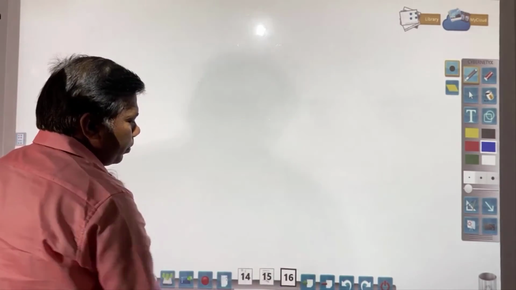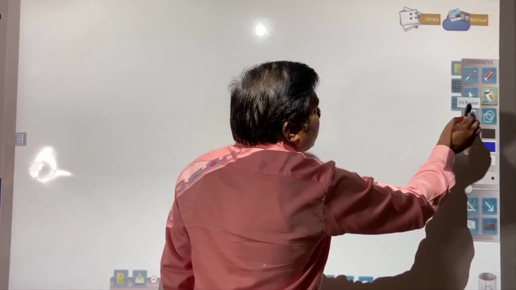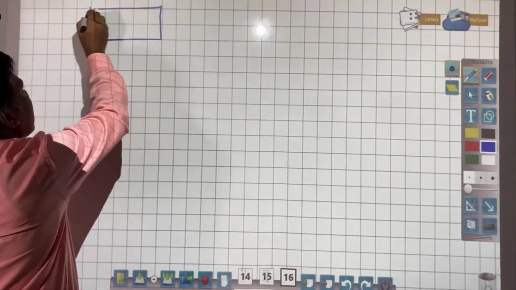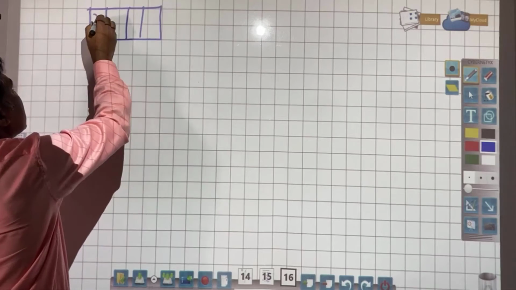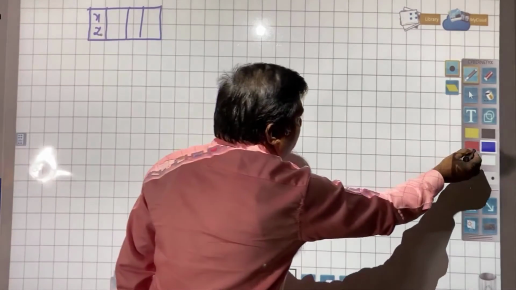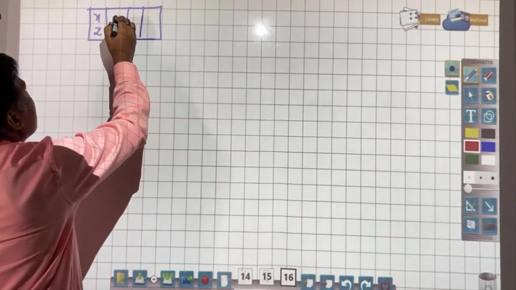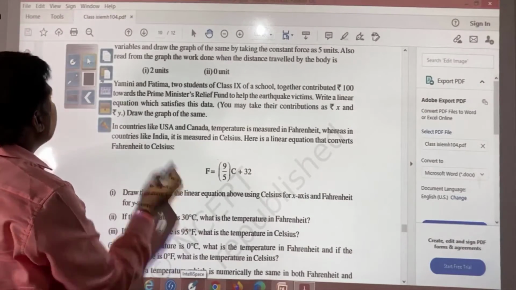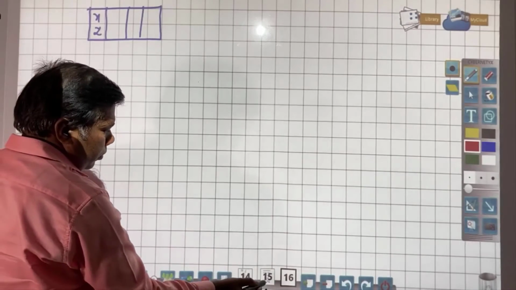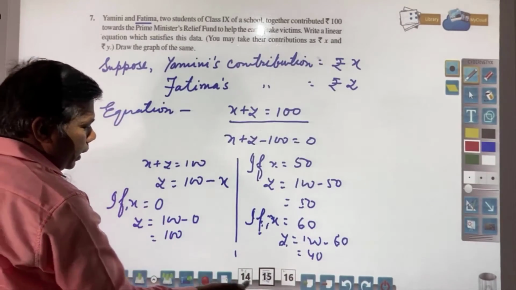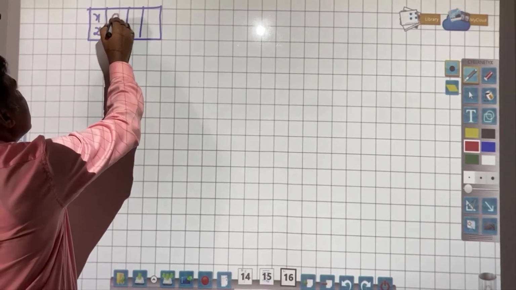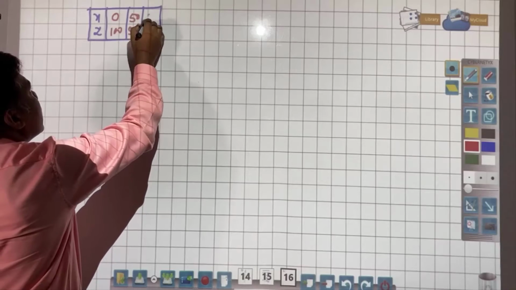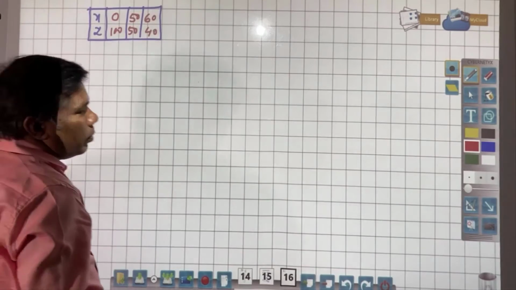So here you see table X and Y, and coordinates we have 0 and 100, 50, 50, 60 and 40.